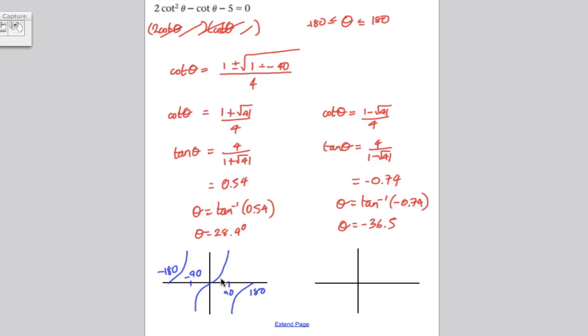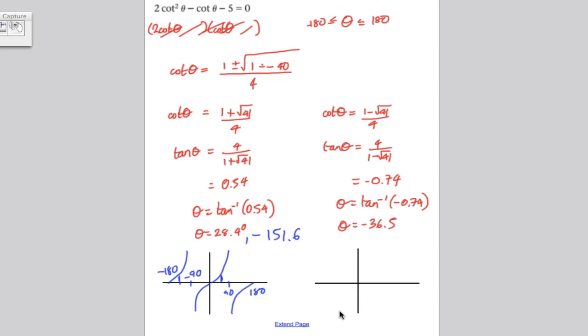What values do you get the same as 28.4? Well, this one here is the only other one. It would be minus 180 plus 28.4, in which case you get negative 151.6.